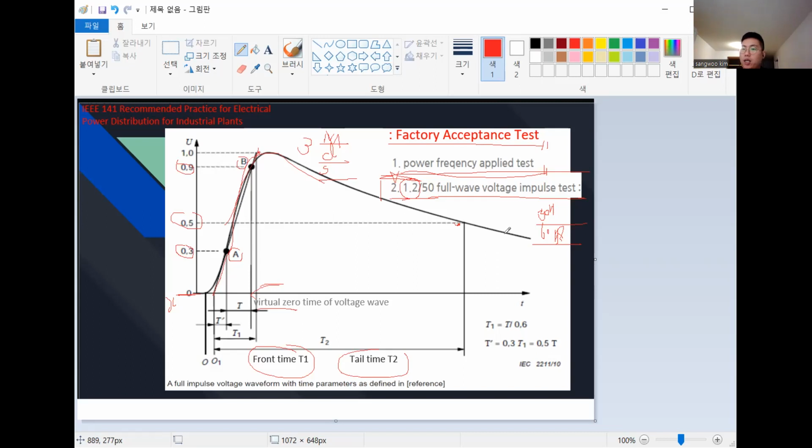Each of them could cause insulation damage independently. That's it for today's lecture. Thanks.